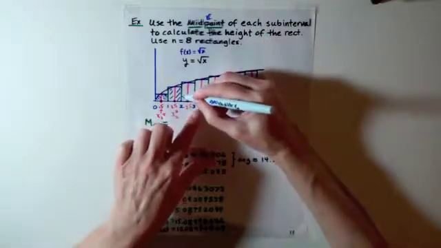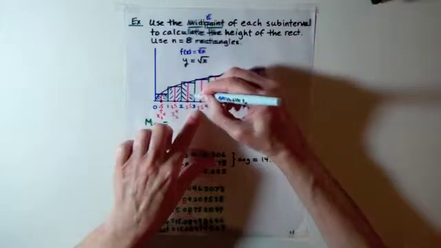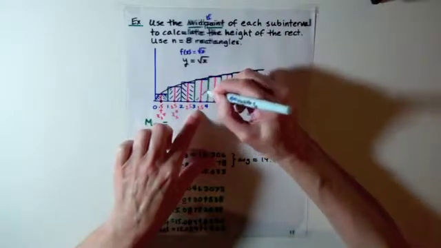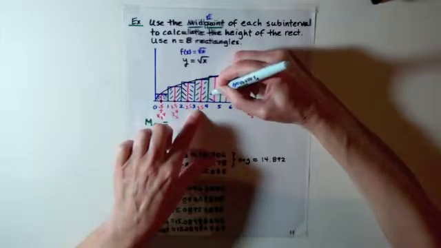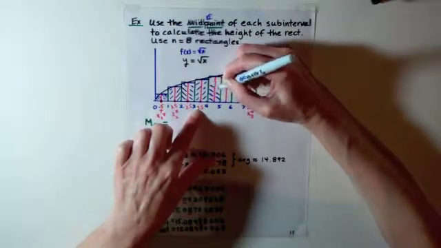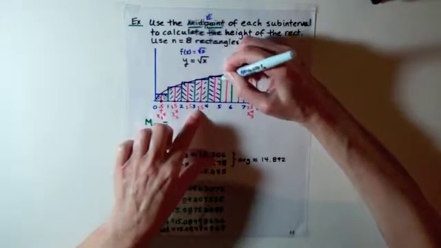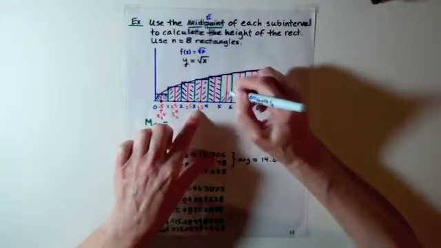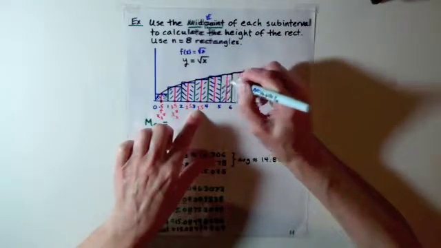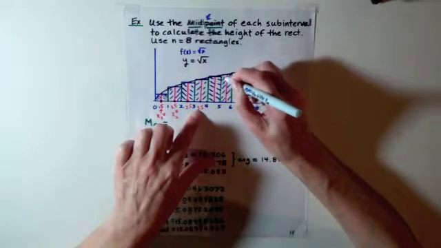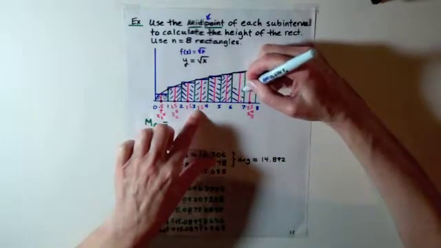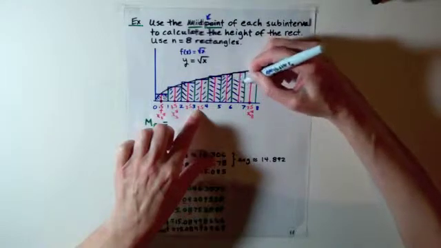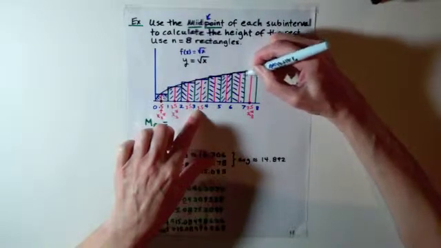And so I'll just shade those in. So this is what my approximation looks like, just so we can compare it in our minds with what we had for the left-hand heights and the right-hand heights for this example.